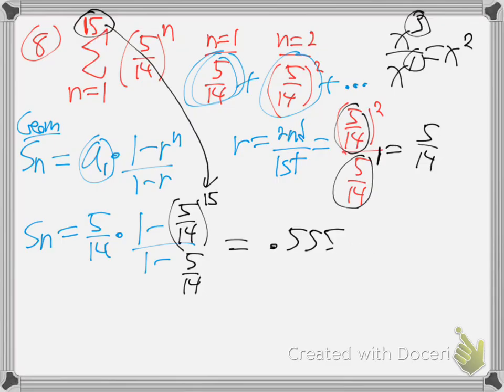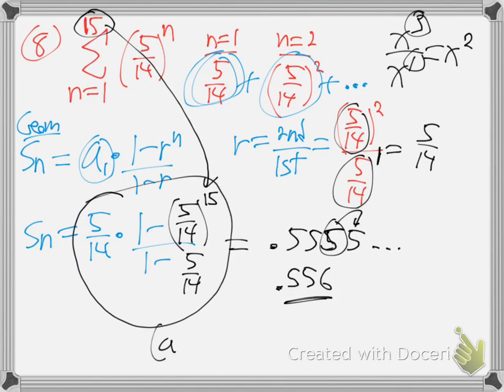So it's 0.5555, it just keeps going. So if you want to round to the third place, look 1 to the right. So that rounds it to 0.556. If you have trouble getting this on your calculator, come to office hours. I can show you how to type that in. The main thing is you've got to put parentheses around the numerator and parentheses around the denominator to get that to work.